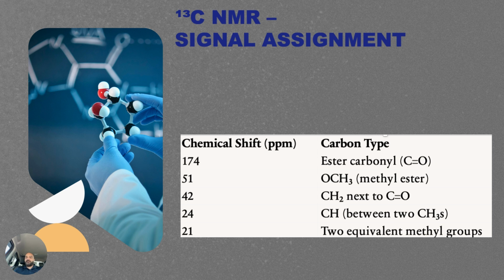These shifts match up with a methyl ester attached to a branched alkyl chain. The chemical equivalency of the 2 methyls suggests a CH between them, a key structural clue.